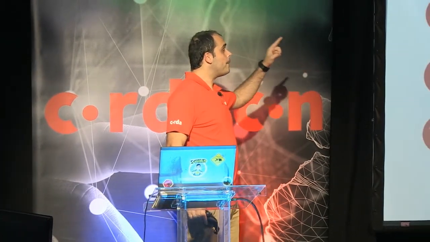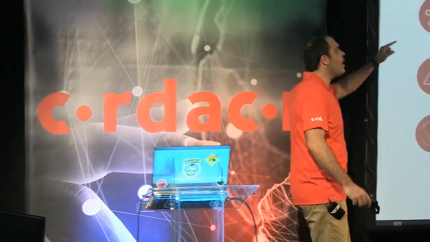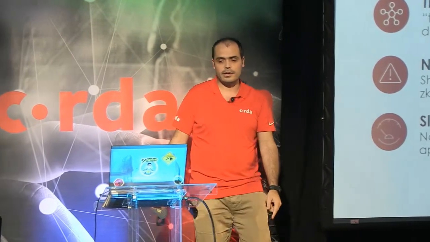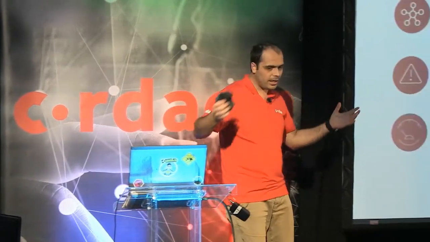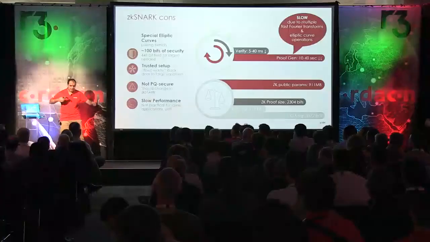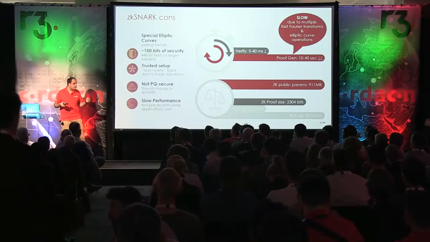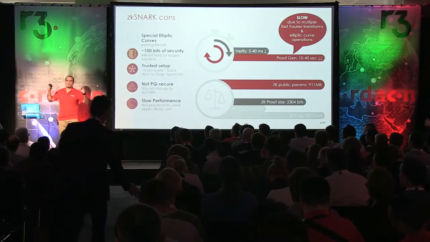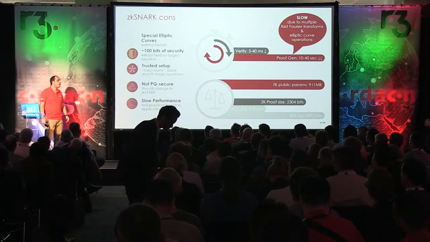Also, this is the bad thing with ZK snarks. We need this trusted setup, the common reference string I referred to before. This is the toxic waste of the ZK snarks. Even for Zcash and Zcoin, there was a need for a ceremony between people that will exchange some information, and they will come up with a common reference information.